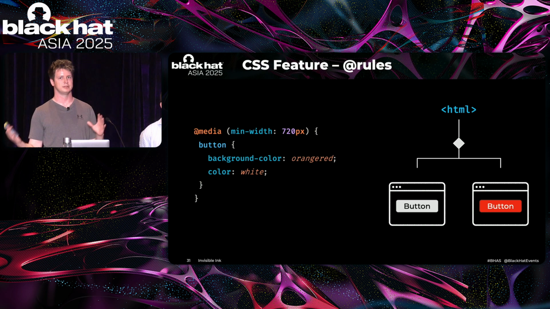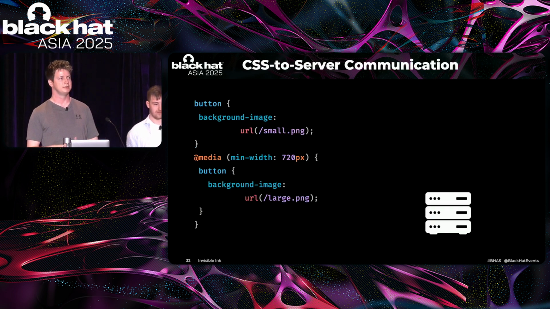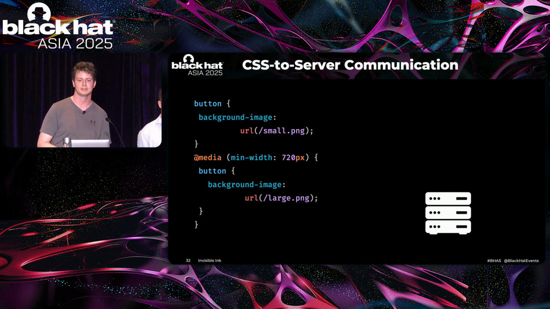So if your screen is smaller than that, you will just see a white button. If your screen is bigger than that, you just get a red button. And why is that useful if you're a web developer? Well, you can do, for example, something like this, where you just fetch different images based on the screen dimensions of your end-user system. Because you want your website to look beautiful on every end-user's device, not only on desktop PCs, but also on mobile phones, for example.